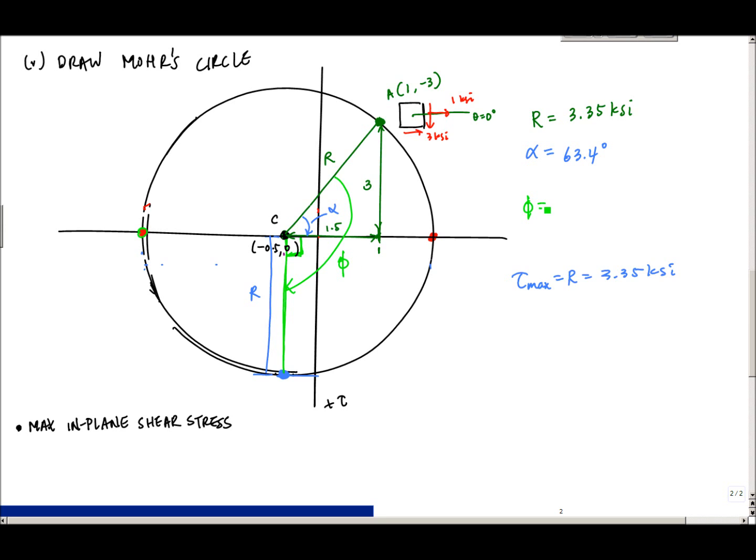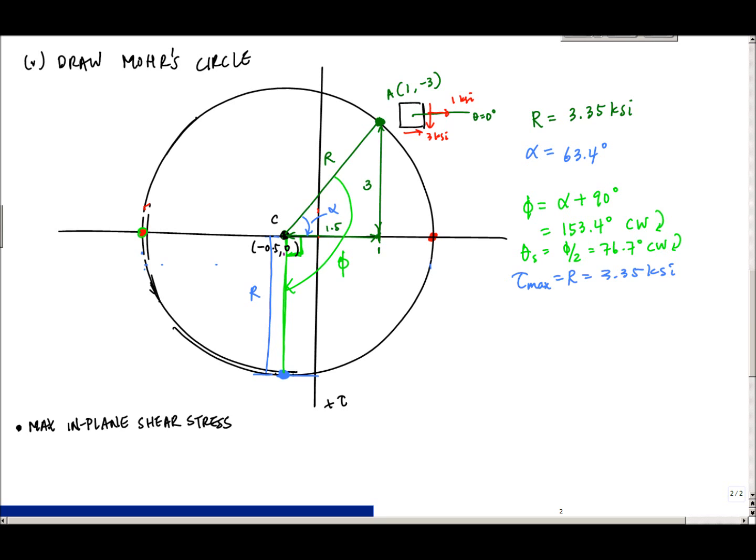This angle phi is equal to alpha plus 90 degrees, which in this case is 153.4 degrees. This is the angle I need to rotate clockwise in Mohr's circle. In real life, the angle theta s would just be phi divided by 2, which is 153.4 divided by 2, or 76.7 degrees clockwise in real life for my representative volume element.